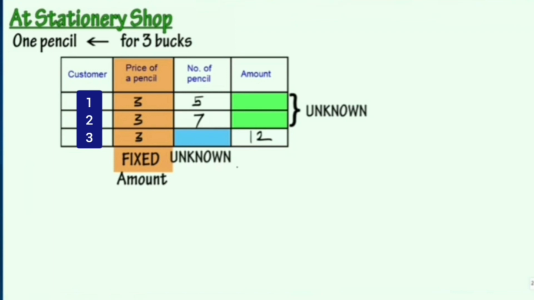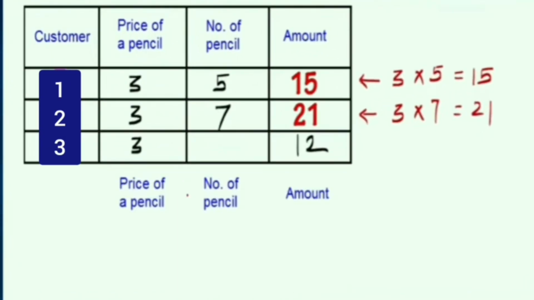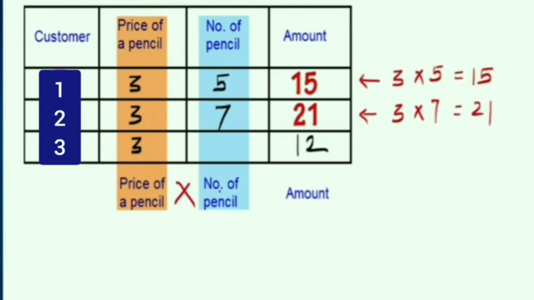Now, can you tell what should be the total amount for 5 pencils in case of customer 1? It is 3 into 5 is 15, right? Similarly, for 7 pencils, the amount will be 21 bucks. So, here what did we do exactly? We have multiplied the price of a pencil with the number of pencils sold to get the unknown total amount.